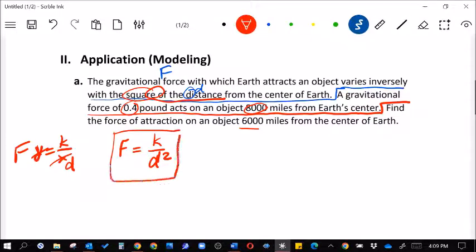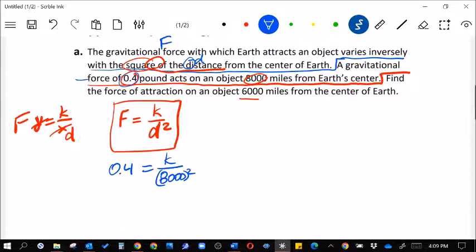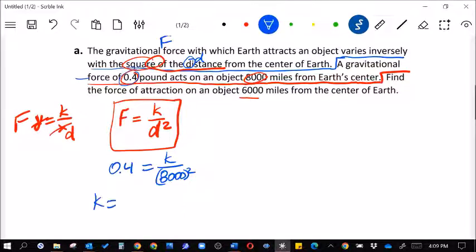So that makes this a little bit different, but it's still the same concept, really. The second one now tells us we have a force of 0.4, and that's equal to K over the distance, 8,000, which has to be squared. So that means that K is equal to 8,000 squared times 0.4.